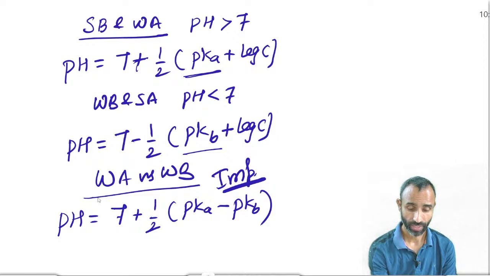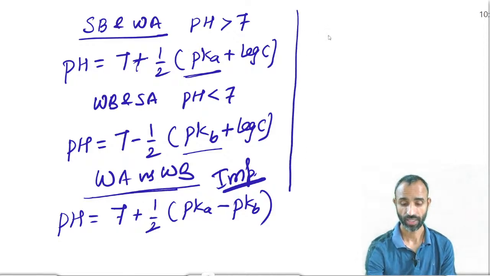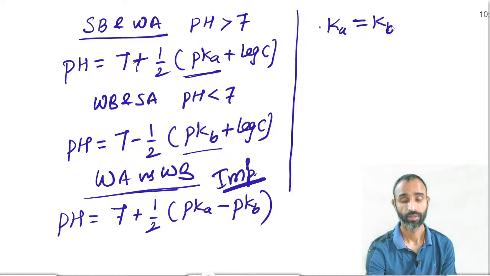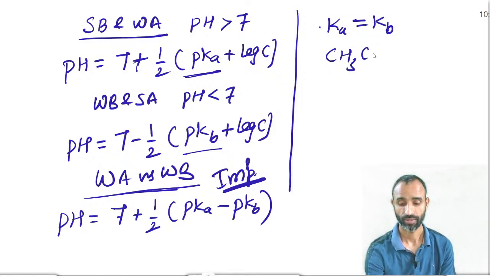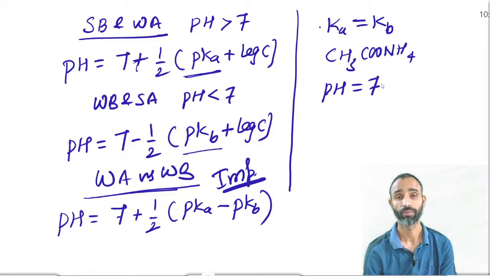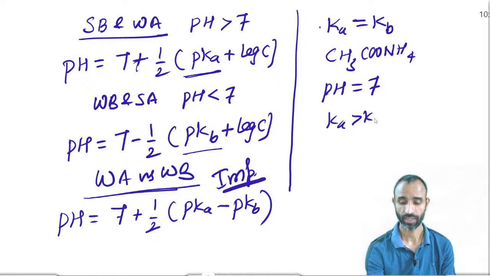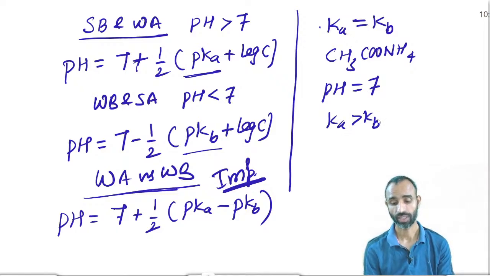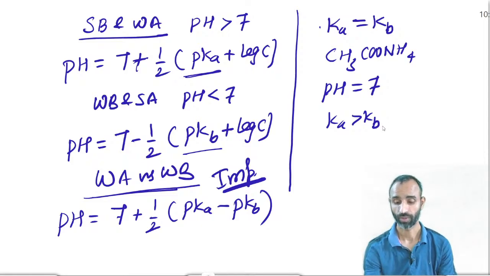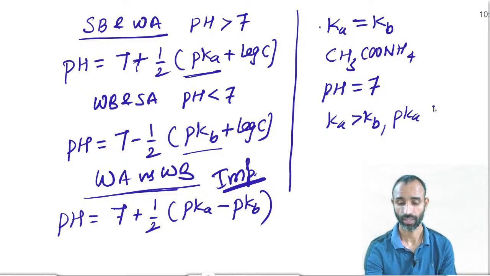Okay, in weak acid, weak base, it actually depends upon Ka and Kb. If Ka is equal to Kb, like in ammonium acetate, in that case pH is equal to 7 only, meaning the solution is nearly neutral. But if Ka is greater than Kb, pH is slightly less than 7 and it becomes acidic, because Ka greater than Kb means pKa is less than pKb.